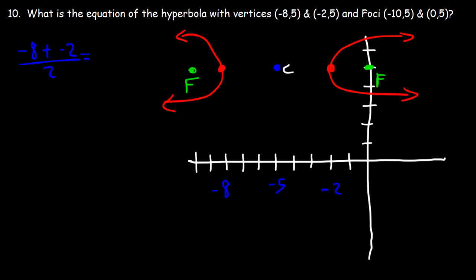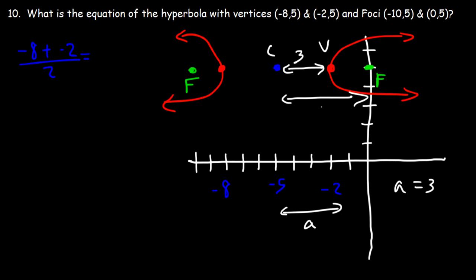So the distance between the center and the vertex is 3, which means that a is 3. The distance between the center and the focus, that's 5. This is at an x value of 0. This is at an x value of negative 10. c is the difference between negative 10 and negative 5, so c is 5.